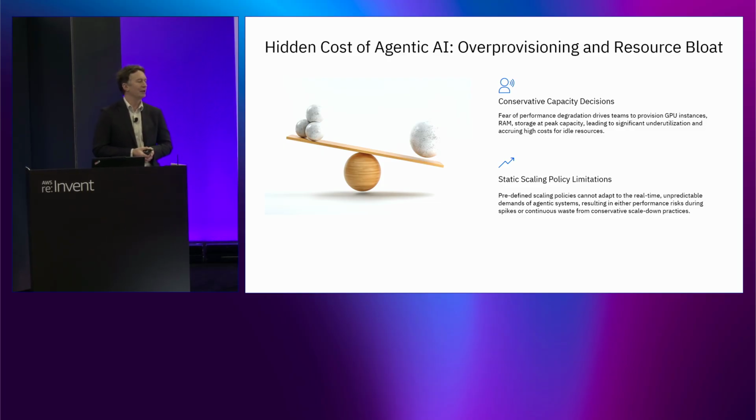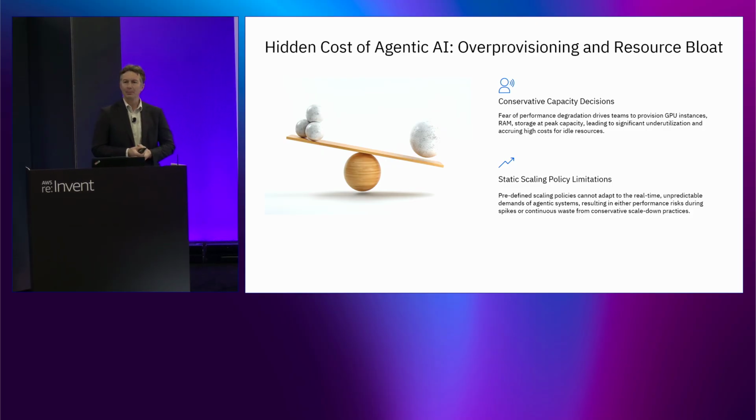And what that leads to is really conservative capacity decisions, because ultimately they might be afraid of performance degradation, which will lead them to oversized GPU instances, over-allocated RAM, and over-provisioned storage, and this leads to a lot of idle cost for these expensive resources. And so what you'll see from a lot of teams is that for fear of performance, they create buffers and over-allocate these expensive resources, many times just because they're afraid of that peak that might happen.